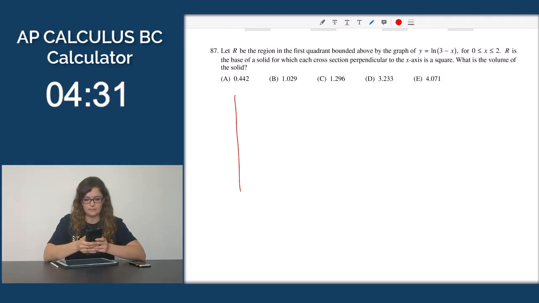So, let's see. Clear this. So we've got natural log of 3 minus x. Great. We're looking for x between 0 and 2.